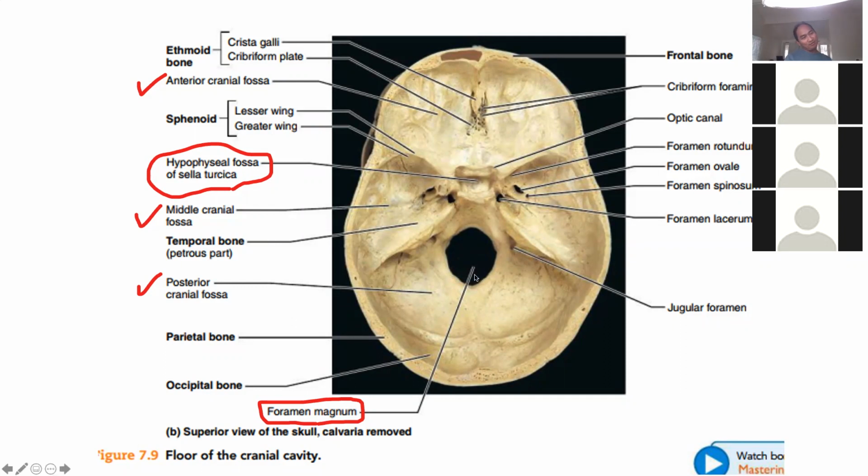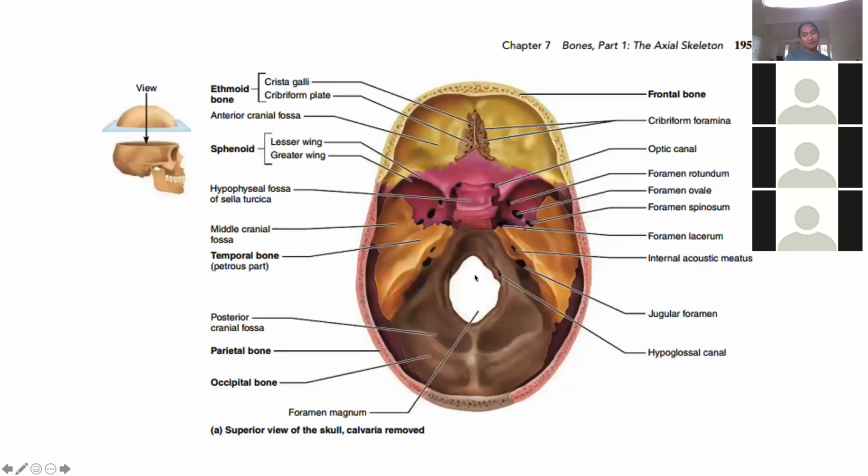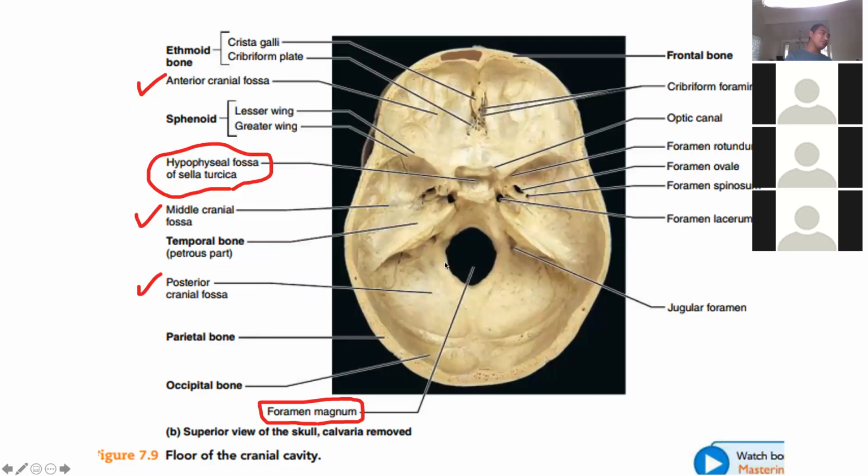So if we know the big opening, the foramen magnum, do you want to know these small little names? Of course I do. Yeah, I do want to know the names of these little apertures, because from the brain inside the cranium, all the nerves and blood vessels will come out through these little holes in the floor of the cranium.